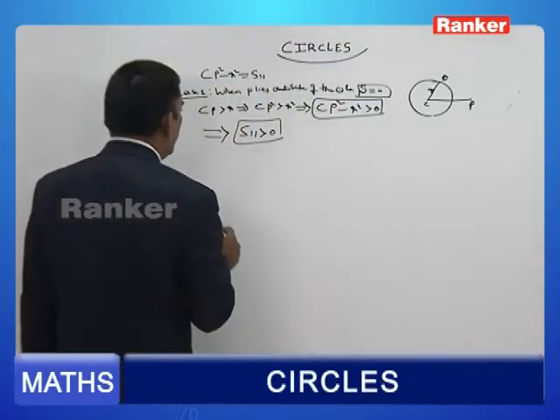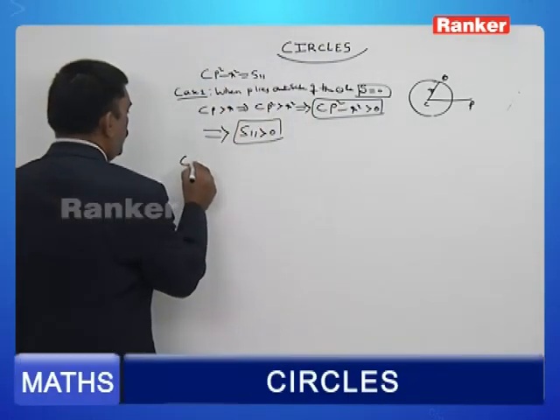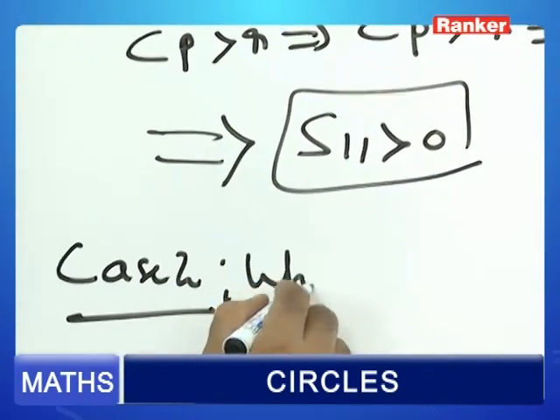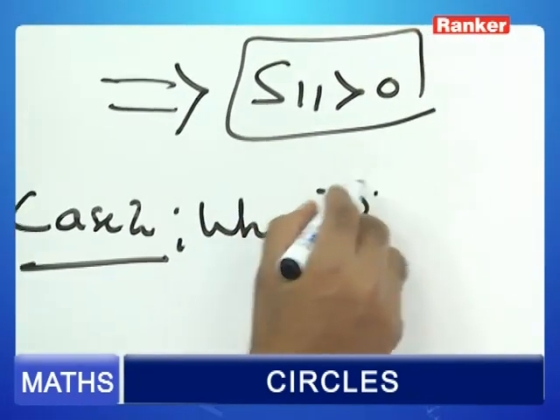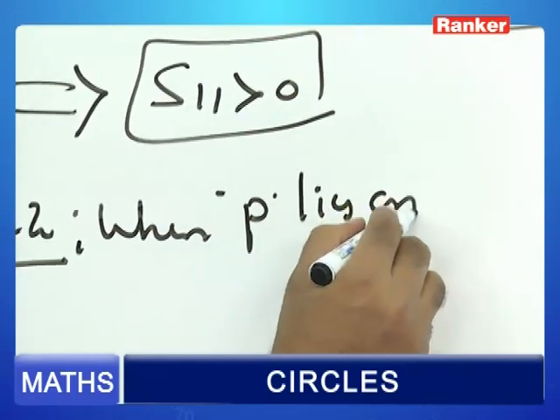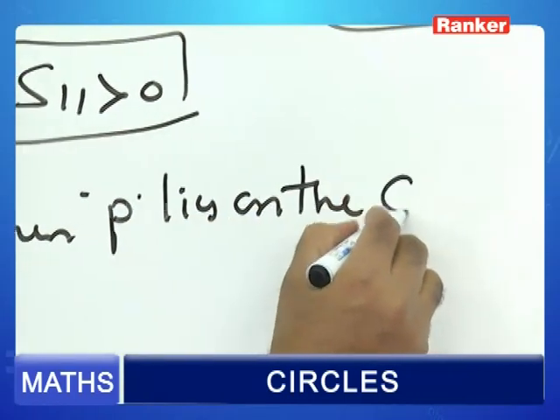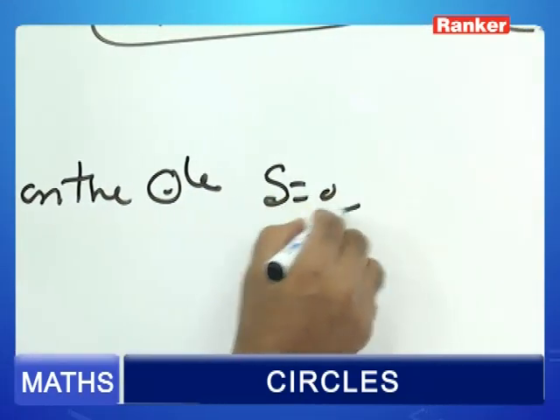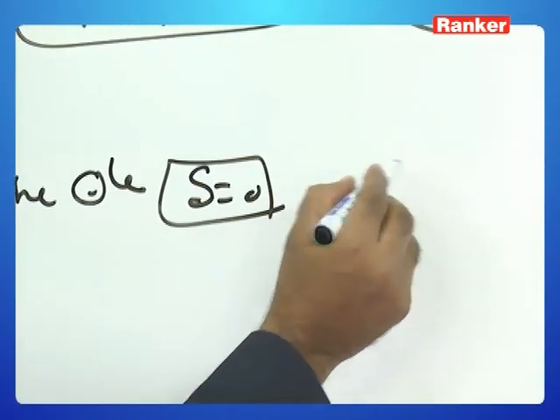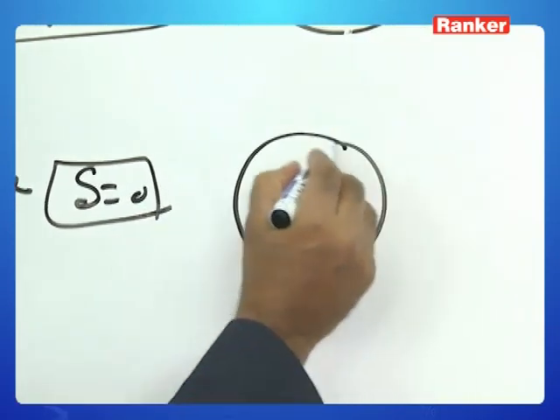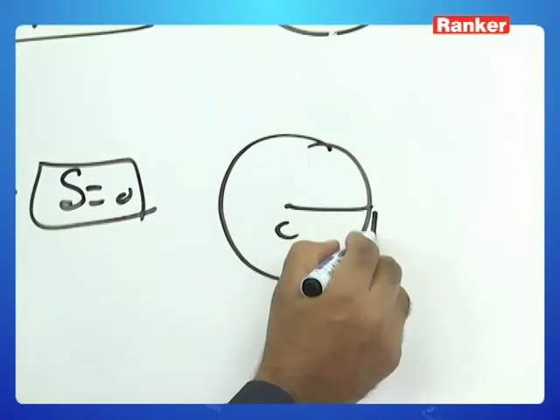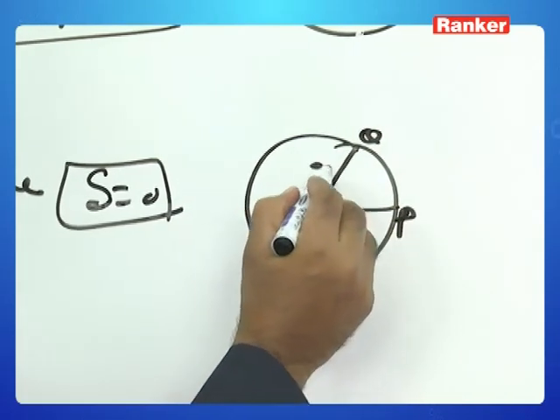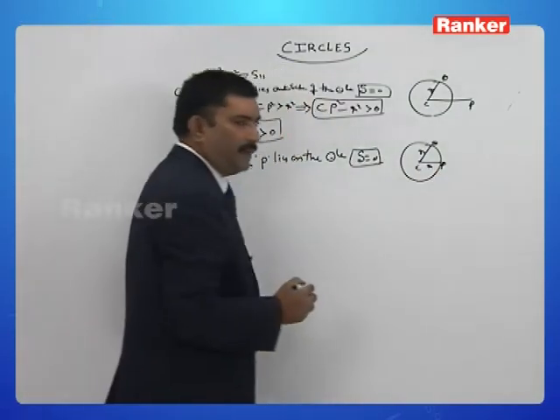Now, next, case 2. What is case 2? Case 2 is when P lies on the circle S is equal to 0. Let us draw the figure. Now this is the center, this is P, this is also Q. Therefore, this is also radius, this is also radius.